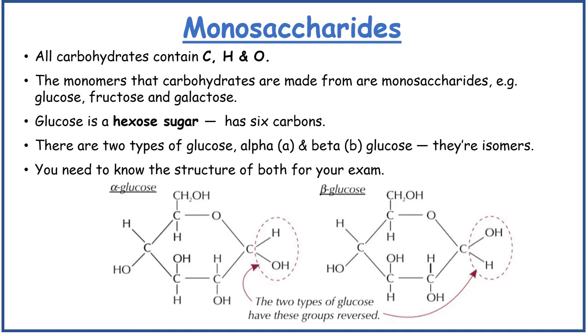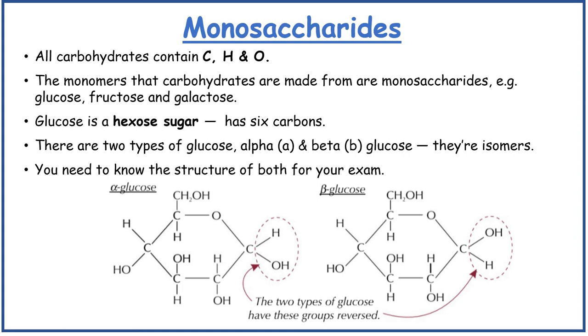So just a bit of a recap. All carbohydrates contain carbon, hydrogen and oxygen. The monomers that carbohydrates are made from are monosaccharides like glucose, fructose and galactose. Glucose is a hexose sugar, therefore it has 6 carbons. There are 2 types of glucose, alpha and beta glucose.